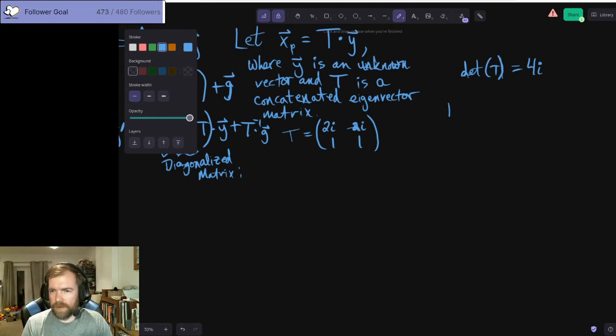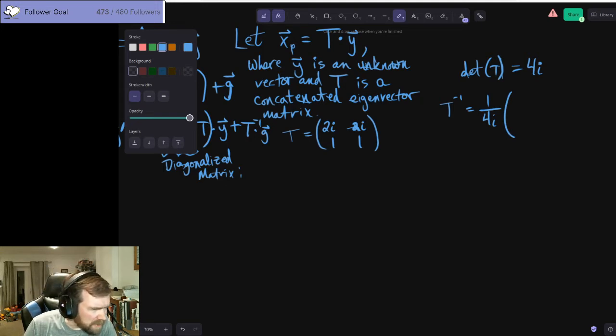And T inverse is therefore going to be 1 over 4i multiplied by the matrix that is, what is it, negative along the main and swap the off? Is that the cheating shortcut way? I think that's right. You take negatives and then swap. Yeah, oh no, it's swapping the main diagonal.